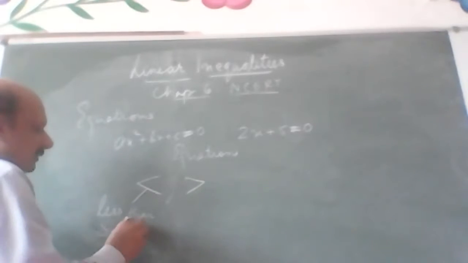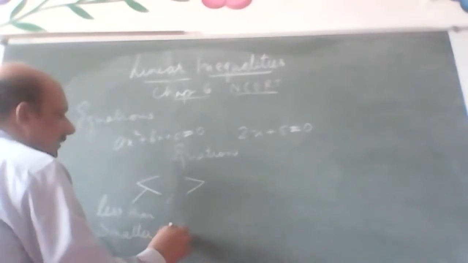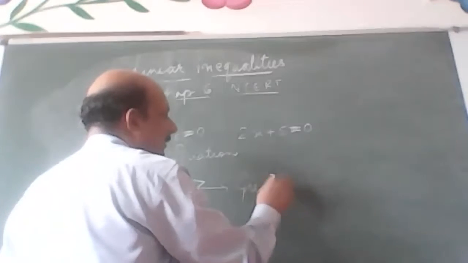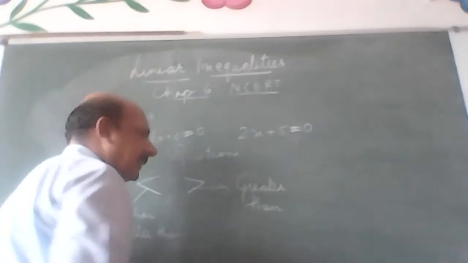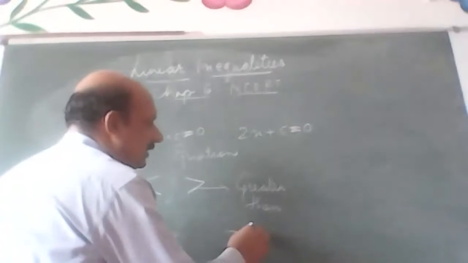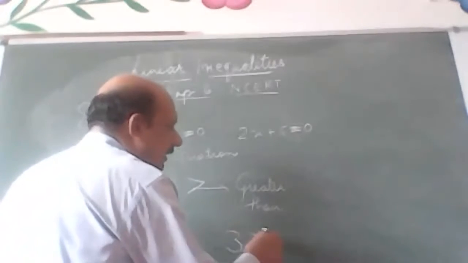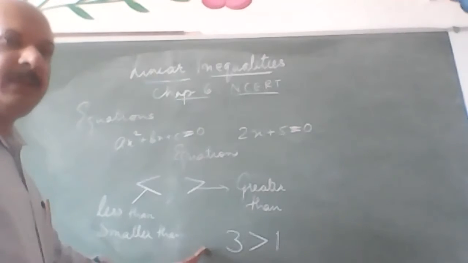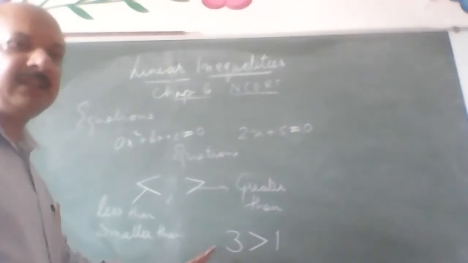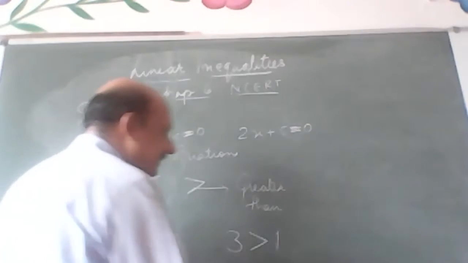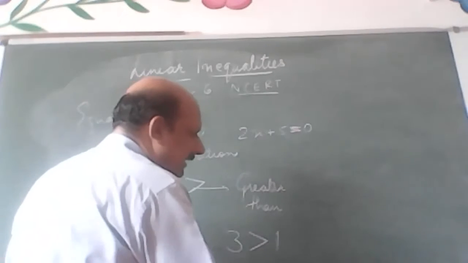So it is quite possible that we say 3 is greater than 1. We may say 2 is smaller than 5.